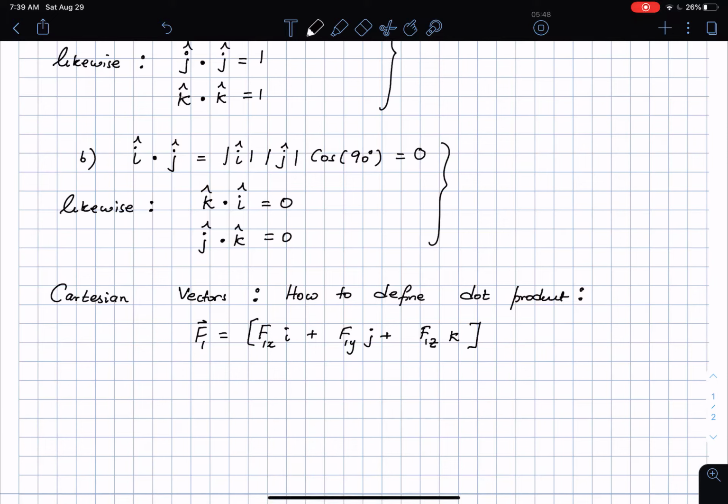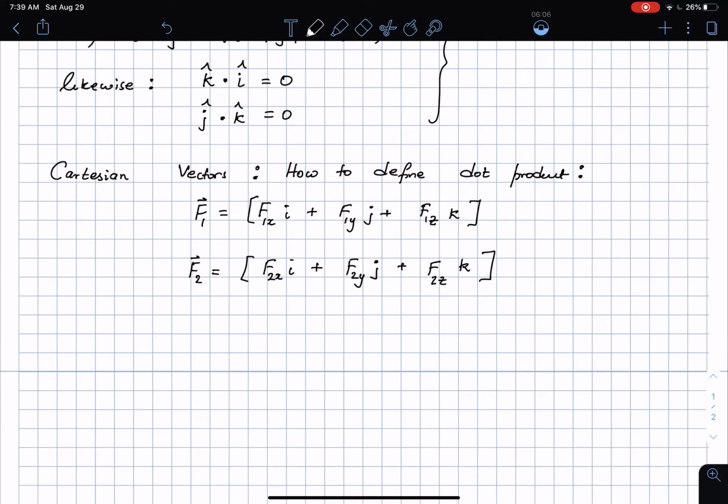Then I take a vector f2, with some component in the x direction, some component in the y direction, some component in the z direction.